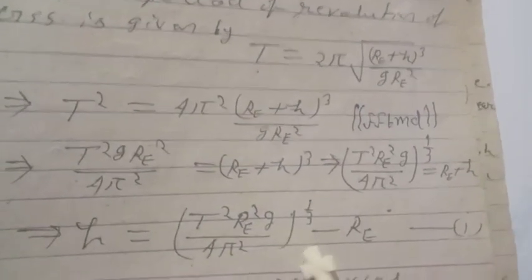This implies T square g RE square by 4 pi square equals (RE plus h) whole cube. This implies (T square RE square g by 4 pi square) to the power 1 by 3 equals RE plus h. This implies h equals (T square RE square g by 4 pi square) to the power 1 by 3 minus RE. Equation 1.